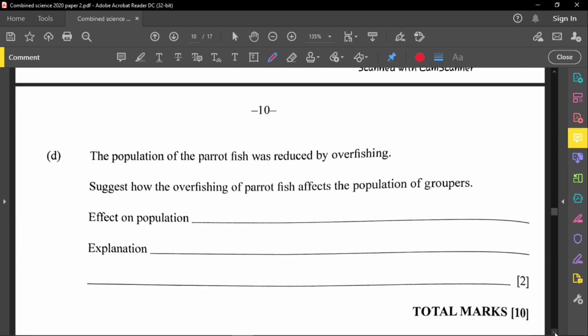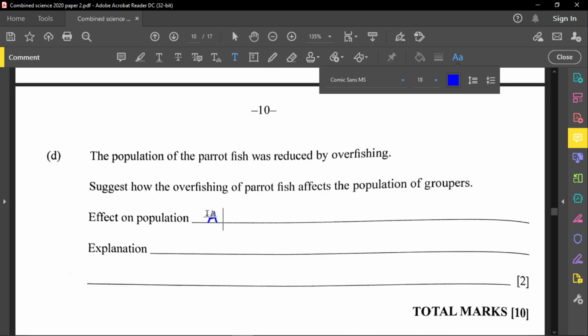So the effect is that the population will decrease. So you have a decrease in population. All right.